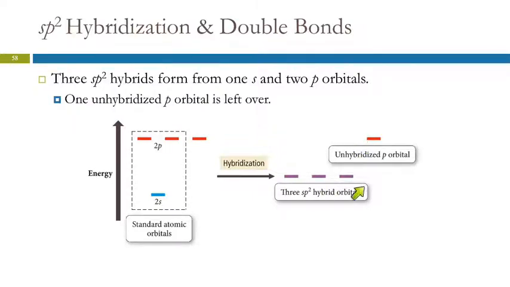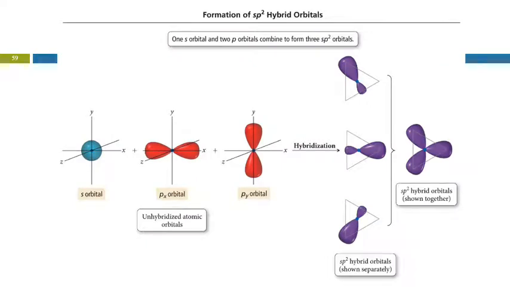And we call these sp2 because it's 1 s and 2 p orbitals. So there's an s orbital and 1 p orbital and another p orbital. We hybridize those together. Now we've got 3 equivalent orbitals, and they are going to spread out like 3 balloons would in 3-dimensional space, and we're going to get this trigonal planar shape.